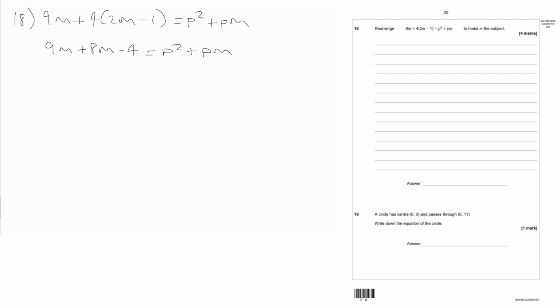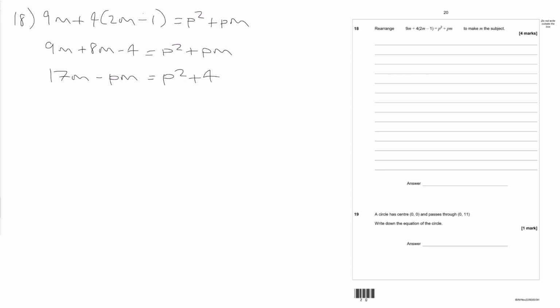And now I'm going to try and move all my m terms to one side. So I can simplify on the left-hand side because we have 9m plus 8m, that's just 17m. And then I can subtract pm from both sides. And I get this p squared plus 4 on the other side.